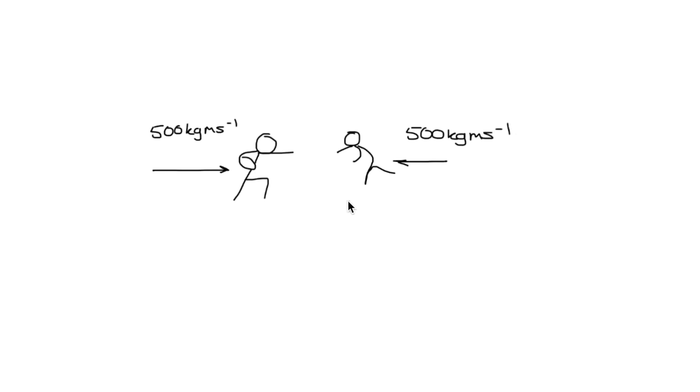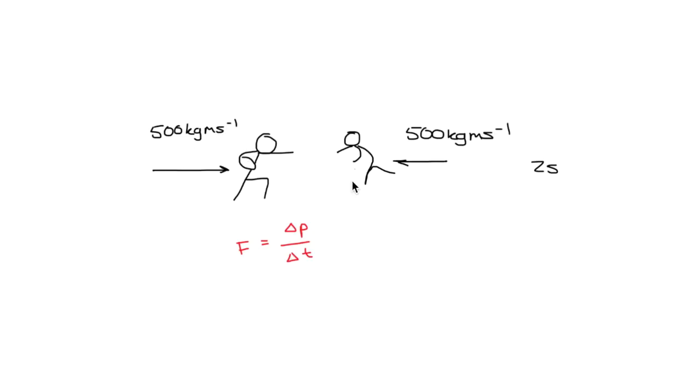Now, the tackler is actually going to be able to stop him in 2 seconds, let's say. And so, therefore, if force is equal to change in momentum or impulse over change in time, and if the guy with the ball is brought to a stop, then his change in momentum will go from 500 kilograms times meters per second to 0, because his velocity drops to 0 when he's stopped.